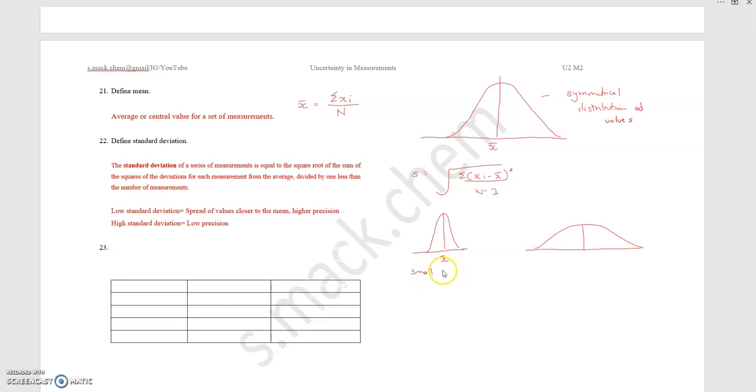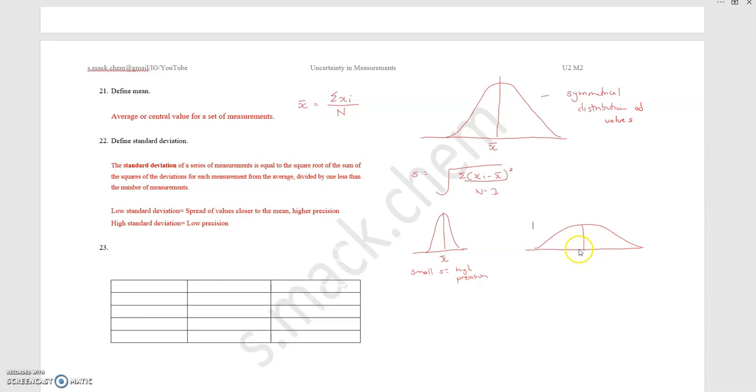So it's a small standard deviation, which would indicate a high precision. And that means we have values which are close together around a central value. So that should also mean that there is a low amount of random error in our experiment, or a low amount of experimental error.